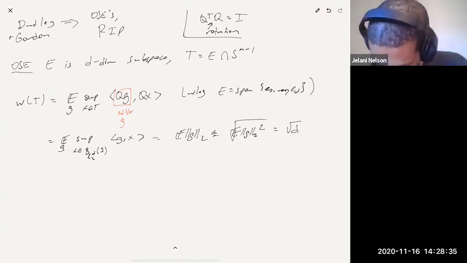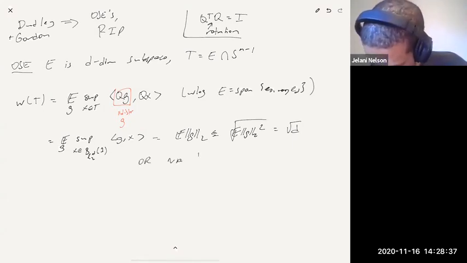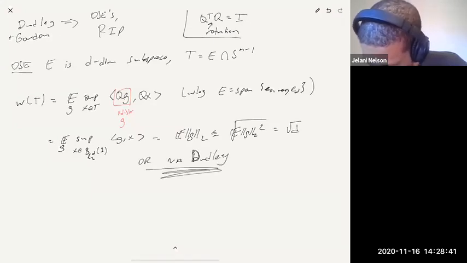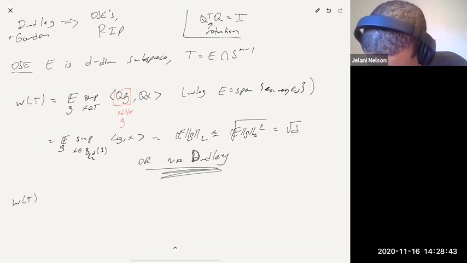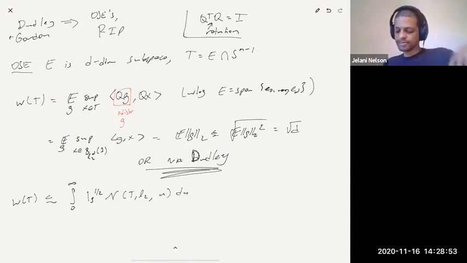Or via Dudley, let's prove the same thing via Dudley. WT is at most the integral from 0 to infinity of square root log of the covering number of T in L2 at scale U, du.